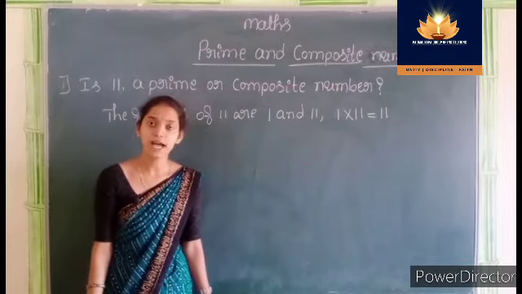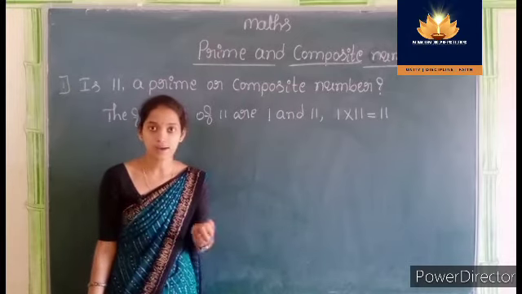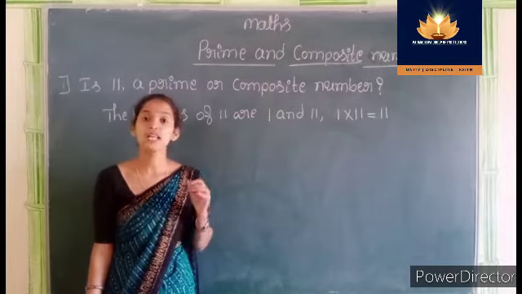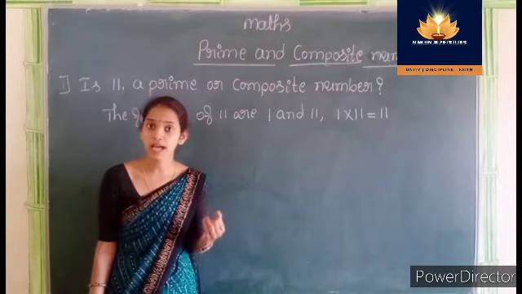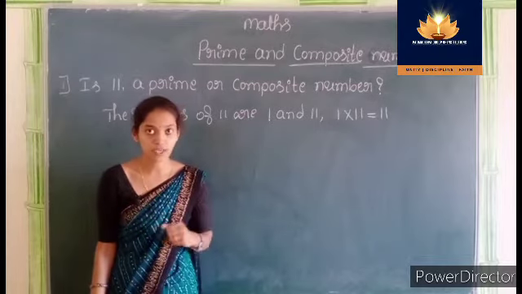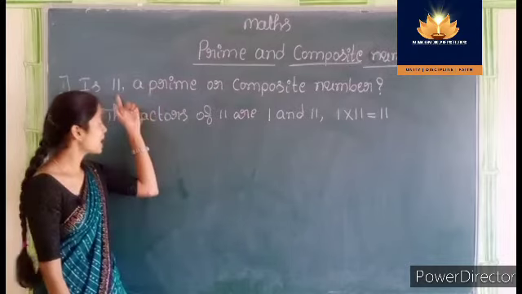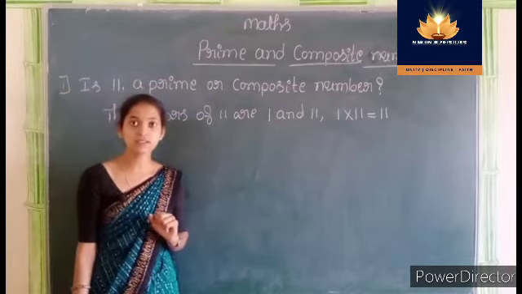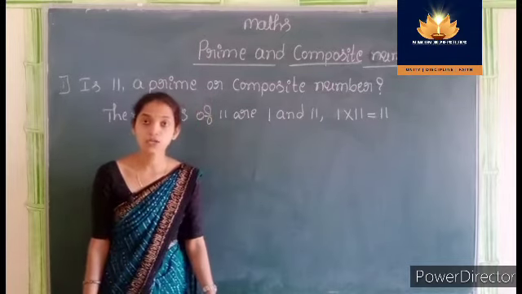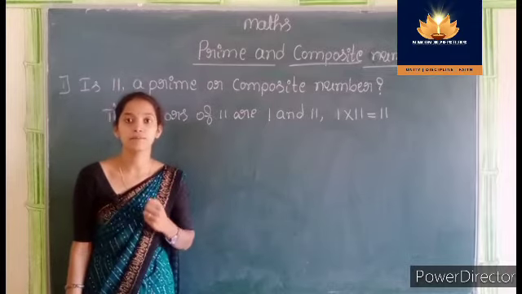If a number has only two factors, then that number is said to be a prime number. If a number has more than two factors, then that number is said to be a composite number. Here 11 has two factors, 1 and 11. So 11 is said to be a prime number.